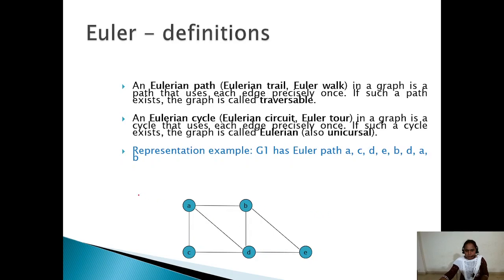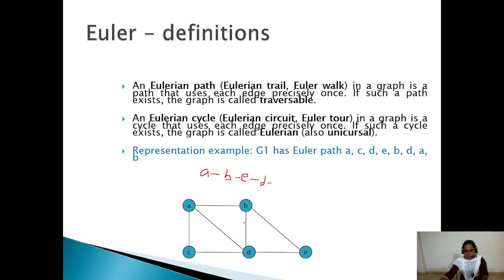This is the path. First, A is connected to B by an edge. Next, B is connected to E, so these two edges are covered. Next, E is connected to D, so D is also covered.